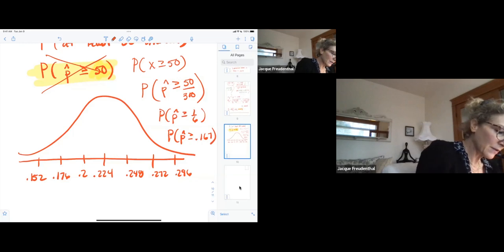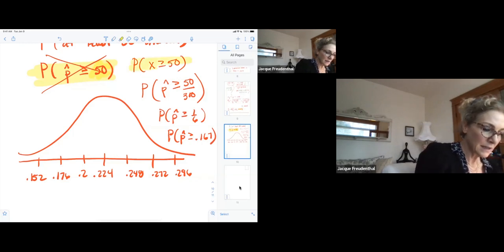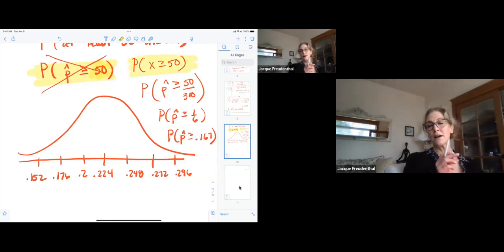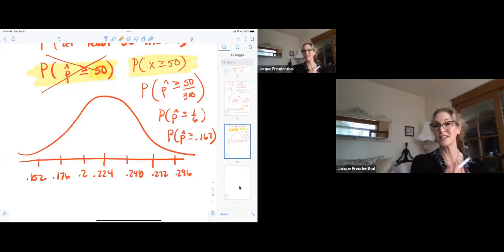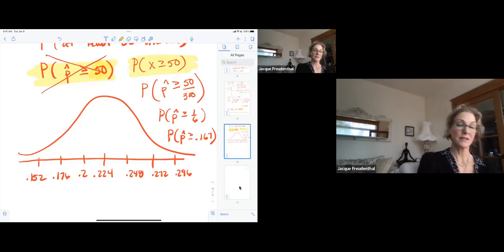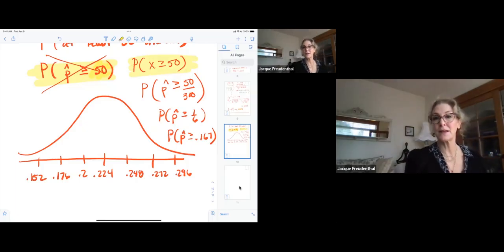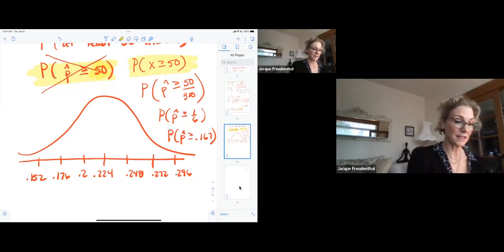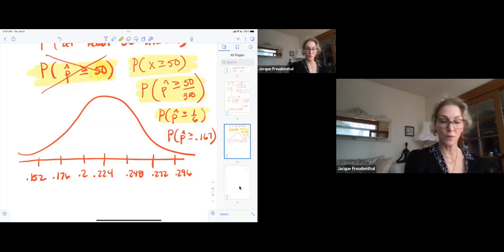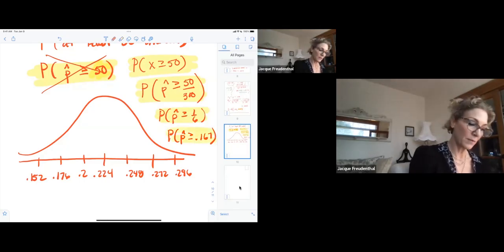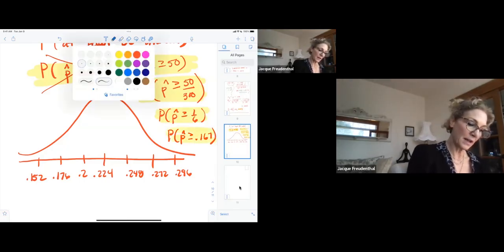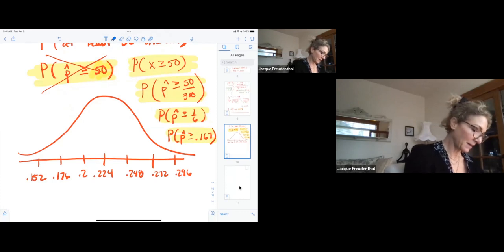Really important to make sure that you are entering a proportion and not just a count. This is how it relates to the binomial too, because you're counting the number of people who smoke. That would be your number of successes out of the number of trials. Your trials are your sample size of 300. So your p hat is 50 out of 300 or 1/6, and in decimal form 0.167. So I can plot that on my graph.